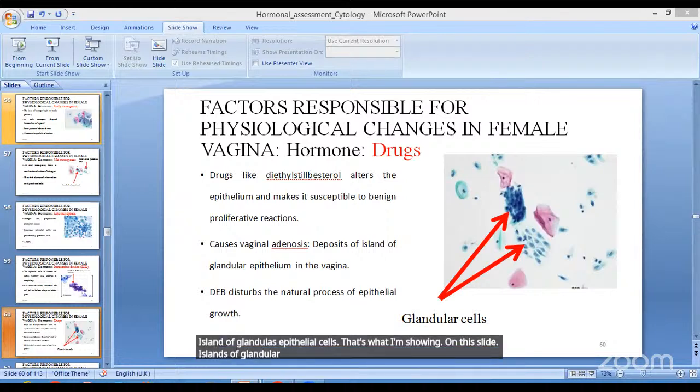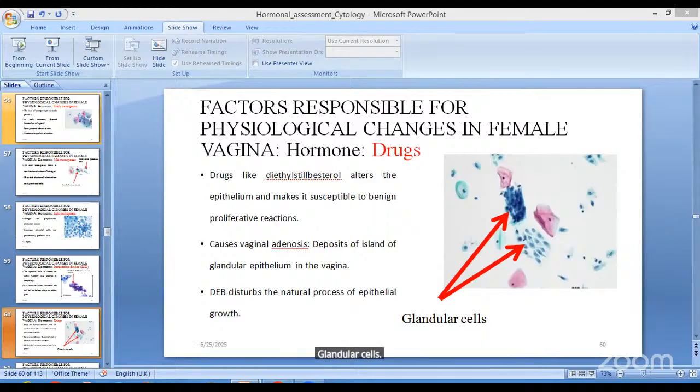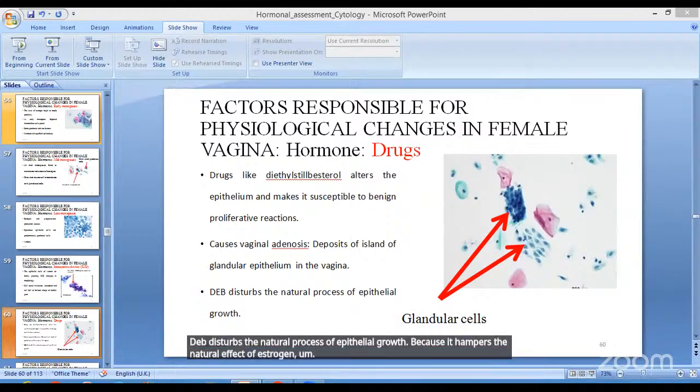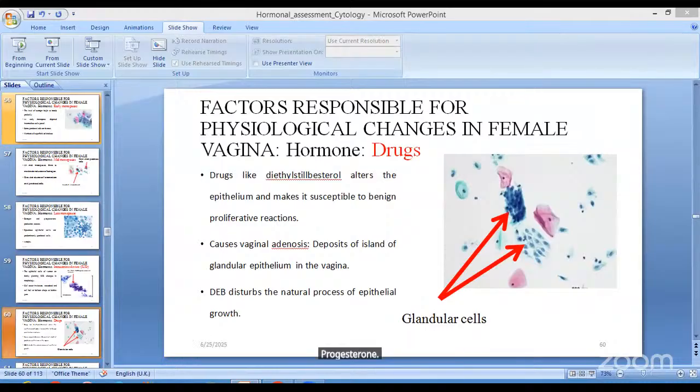That's what you are seeing. Glandular cells. They are benign. DES disturbs the natural process of epithelial growth because it hampers the natural effect of estrogen and progesterone. It causes a lot of hormonal imbalance. But this is what you see cytologically. You should be able to write a short note on that.